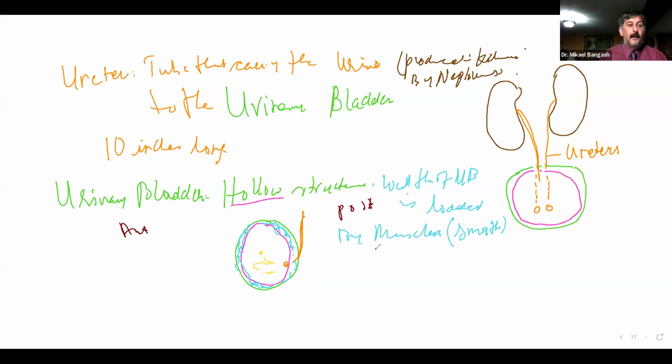But this smooth muscle of your urinary bladder actually has a name, and we call it the detrusor muscle. Did you guys get that?